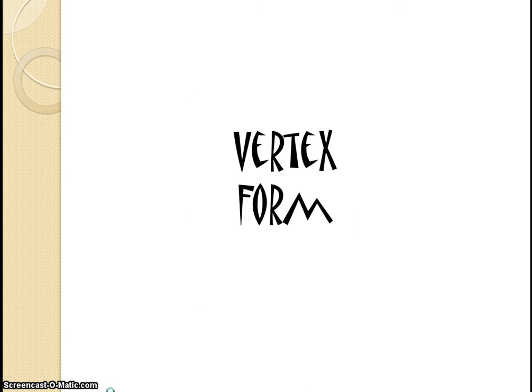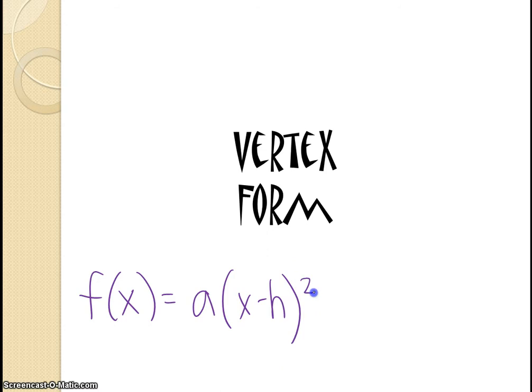Our next form is vertex form. Vertex form is f of x equals a times x minus h squared plus k.